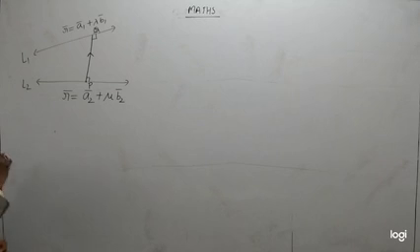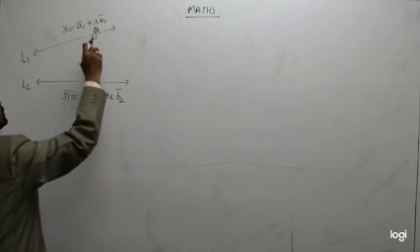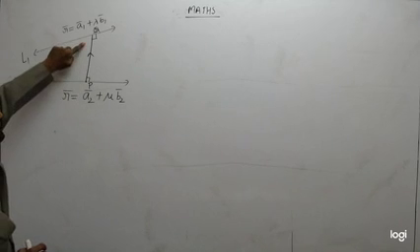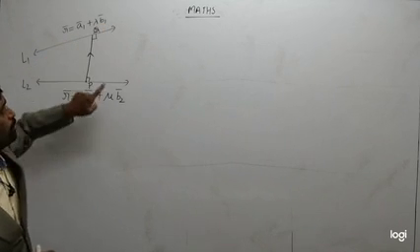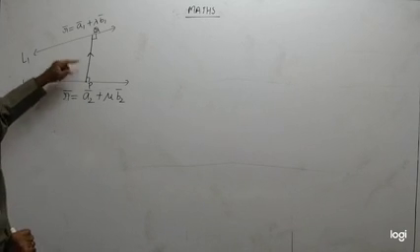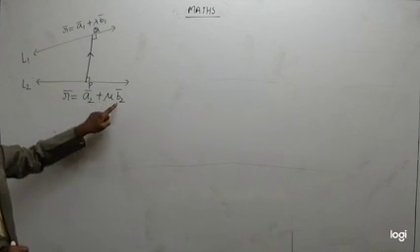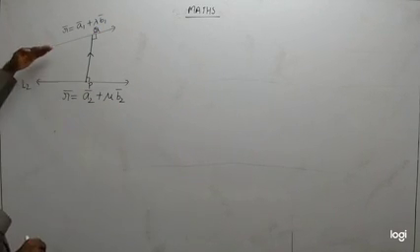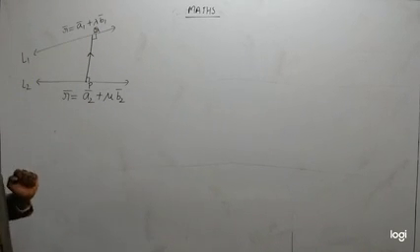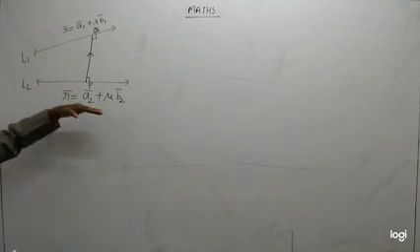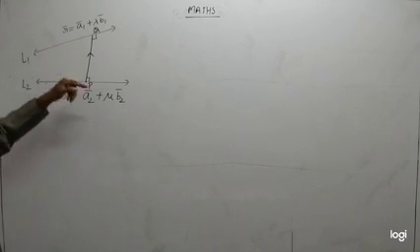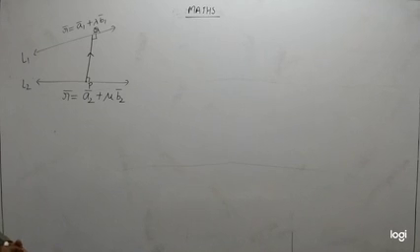So this PQ is perpendicular to both the lines L1 and L2, which means the vector PQ is perpendicular to the vectors B1 bar and B2 bar. Am I correct? The vector PQ is perpendicular to both B1 bar and B2 bar because L1 is parallel to B1, hence PQ is perpendicular to B1 bar. L2 is parallel to vector B2 bar, so PQ is again perpendicular to B2.